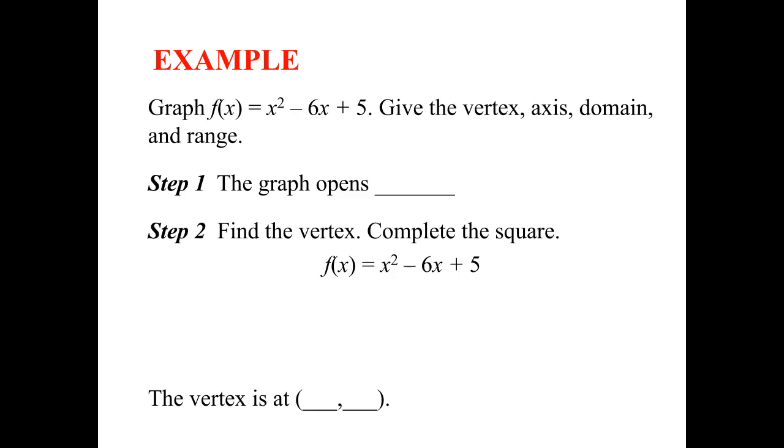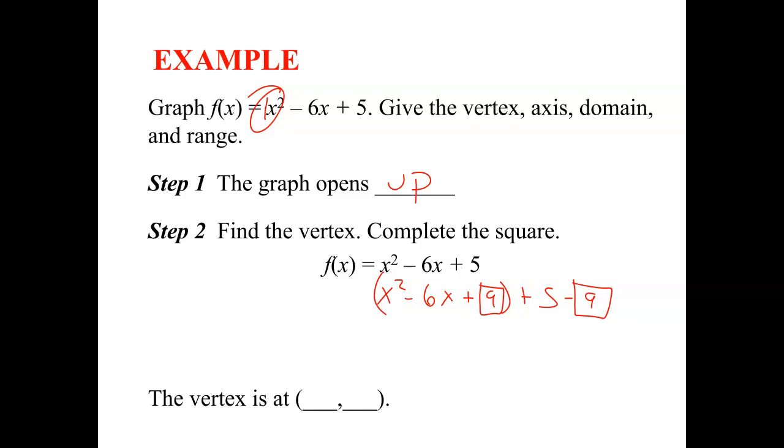Why? The leading coefficient is positive, so it's going to open up. All right. Now we want to find the vertex. So vertex form is going to be pretty quick. What number goes in the box? 9.